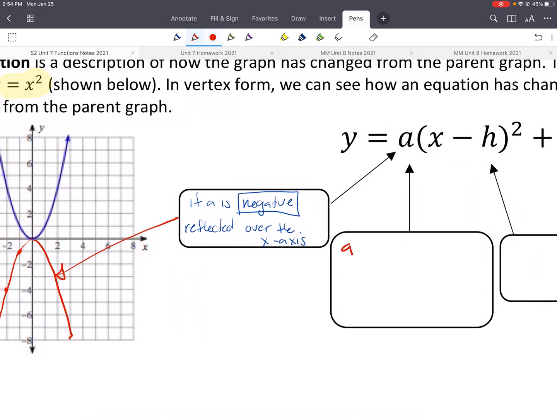Okay? If the absolute value of a is greater than 1, so like if a is 5 or if a is 10, it makes it vertically stretched. If the absolute value of a is less than 1, then it is vertically compressed.